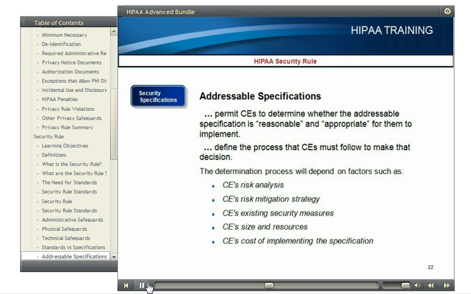The determination process will depend on factors such as the CE's risk analysis, CE's risk mitigation strategy, CE's existing security measures, CE's size and resources, and CE's cost of implementing the specification.